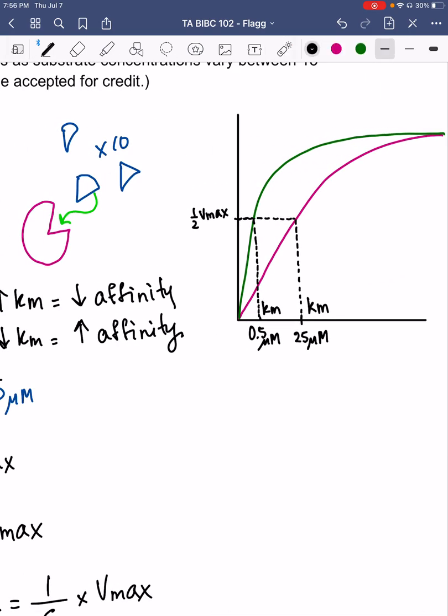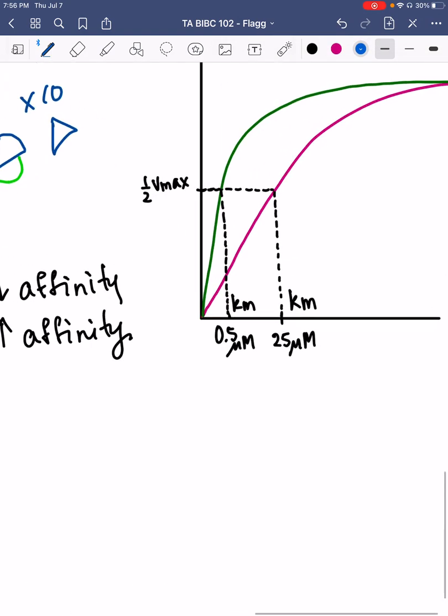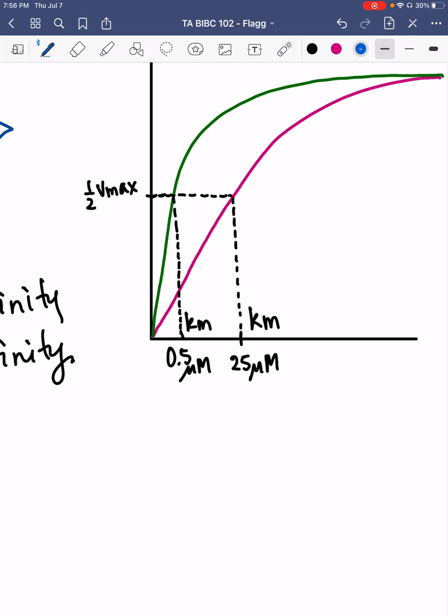So it's asking us to take a look at how this enzyme would work if concentrations of substrate varied between 15 and 40. Let's say 15 is in the middle here and 40 is over here. So as concentrations vary between these two, starting from 15 all the way to 40, let's take a look at how this enzyme and how this enzyme will function.